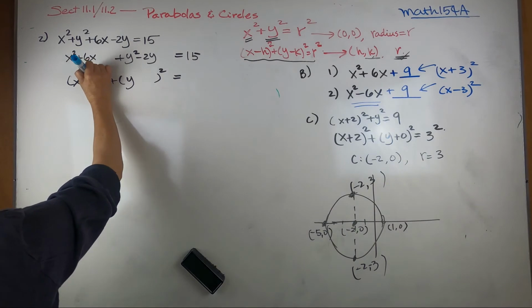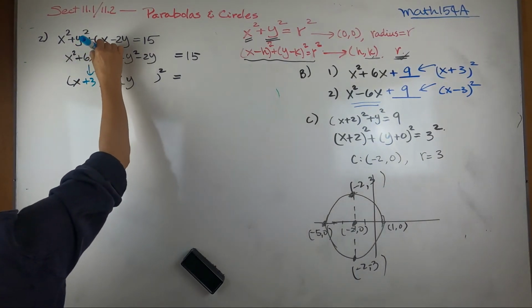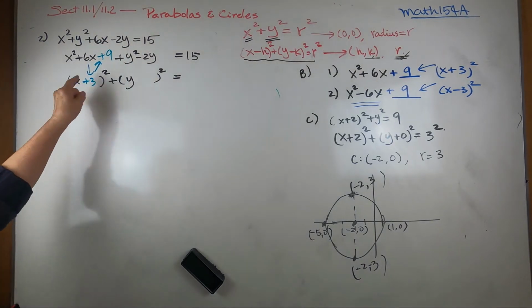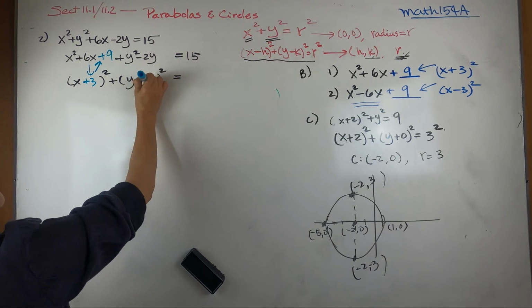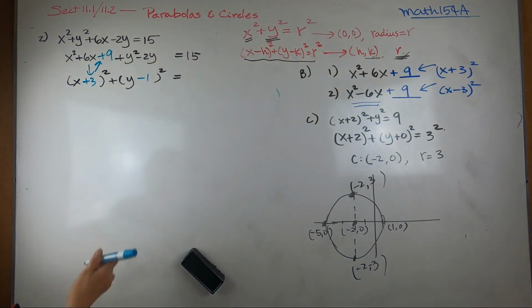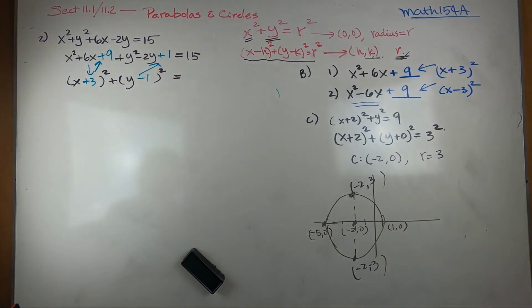Okay, so let's see which number we need. So half of x's coefficient is plus 3. If I plus 3 here, I need a 9 to complete it, right? Then if minus 2 here, I have to take minus 1, half of the b, minus 1 here, then I need a plus 1 here.